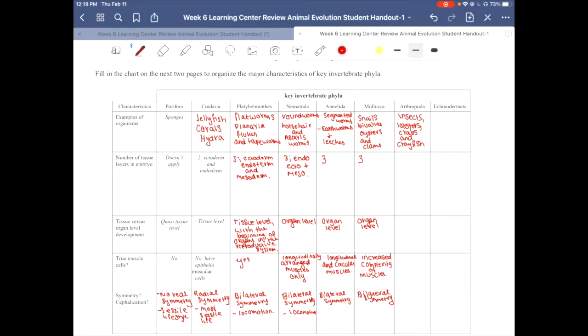And then the next one we see the Echinodermata, and those are going to be our starfish, sea cucumbers, sea urchins, and sand dollars.